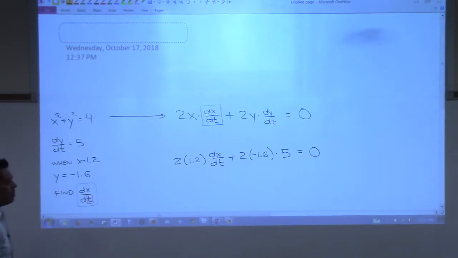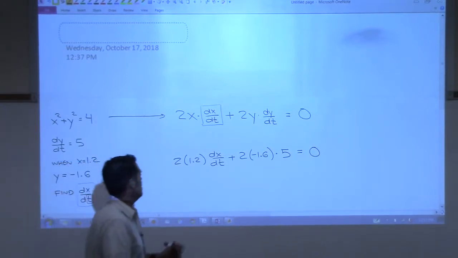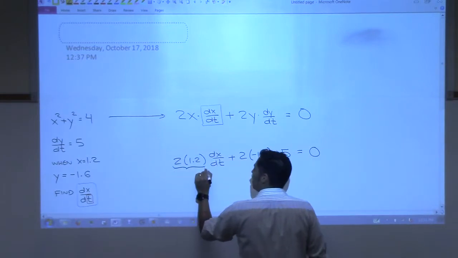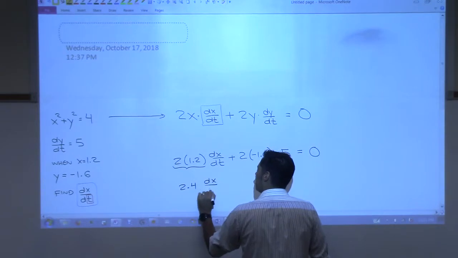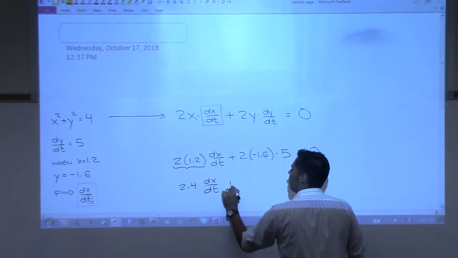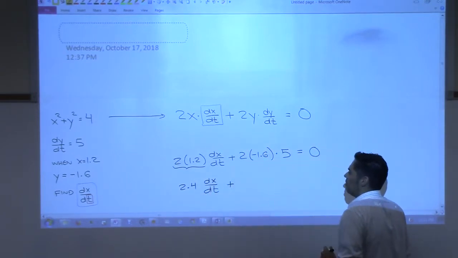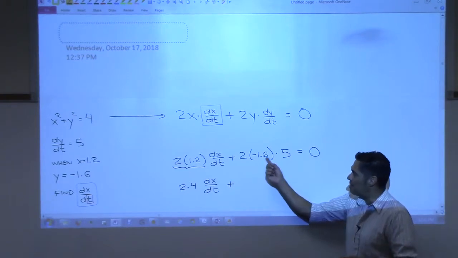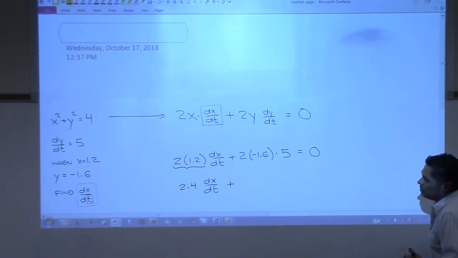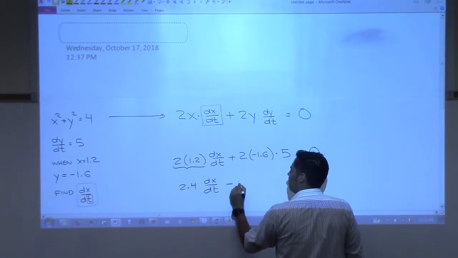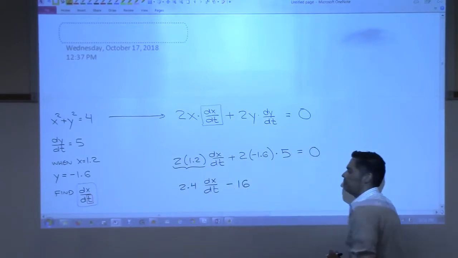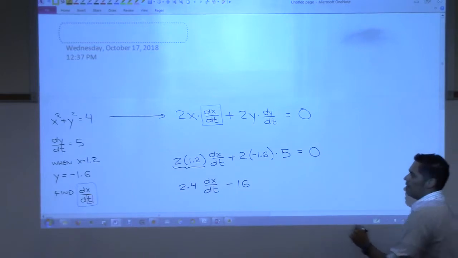So now we just do some multiplication. Since these are decimals, if you need your calculator, get your calculator out. These two together, 2.4 dx/dt. And then plus, when you multiply these, you go this times this, and then that times 5. So it's negative 3.2, negative 16 total. And then equals 0.